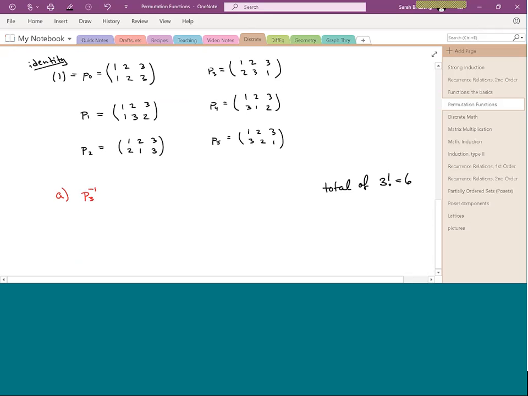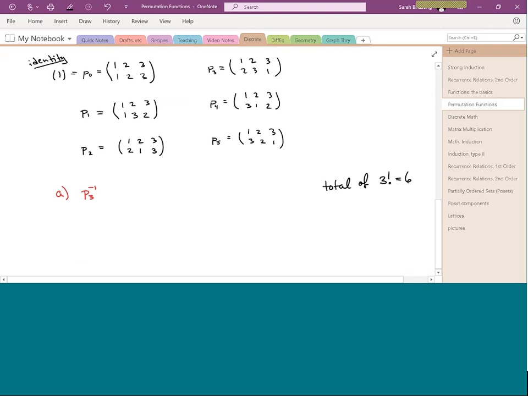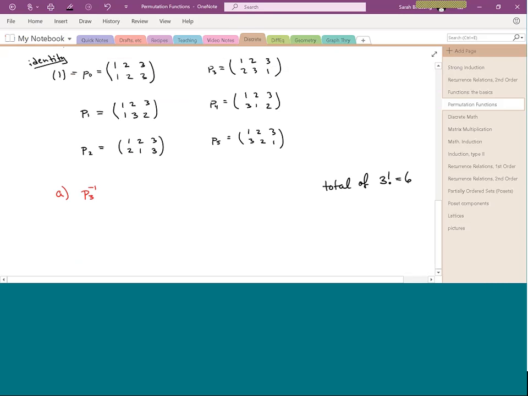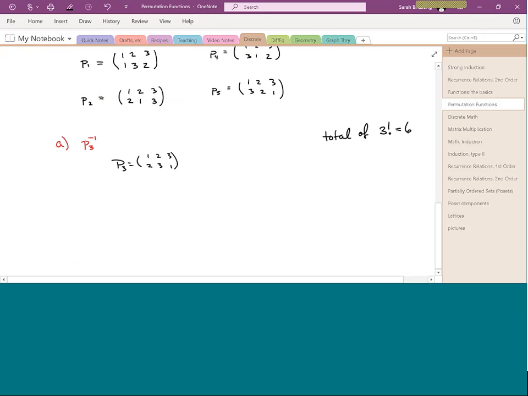So first thing is, let's go ahead and copy down what P3 is. Let me get back to black here. So remember, our P3 was 1, 2, 3, 2, 3, 1, and that just allows me to scroll up here, okay? Now, way 1. And then I'm going to show you the better, faster way when we deal with two rows, but that'll be way 2.